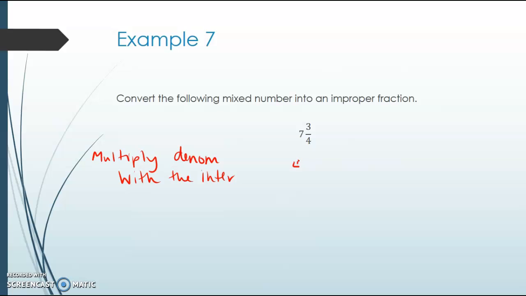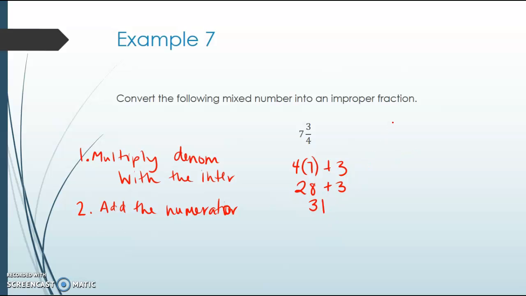So we're going to take 4 times 7. Then step 2 is to add the numerator. So we would do 4 times 7 plus 3. 4 times 7 is 28, plus 3 is 31. So that's how I get my new numerator.